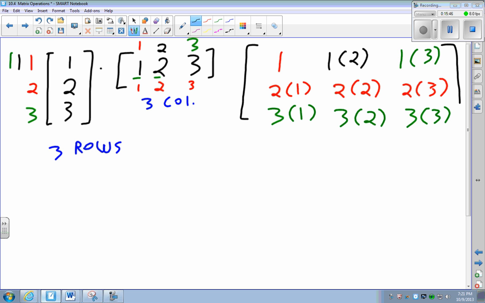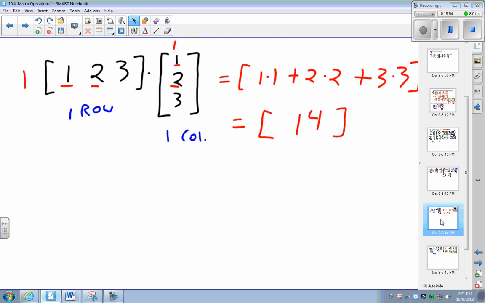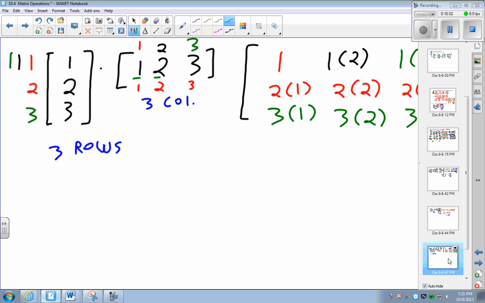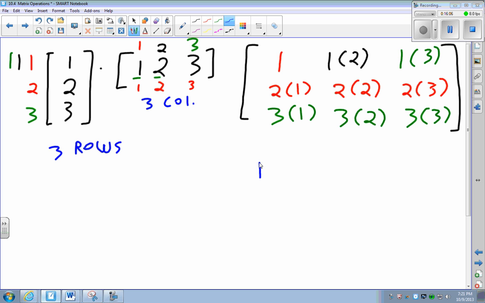Now isn't that something, how different this multiplication was versus this one? Here we just got one solution. In this other slide, we get one matrix with 9 different solutions.